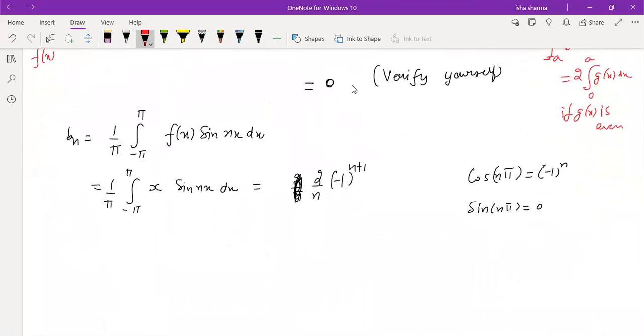While computing this b n, I have used the even result, so it will be 1 by pi into 2 times the integral from 0 to pi of x sin nx dx, and then you can simplify this and get the final answer.